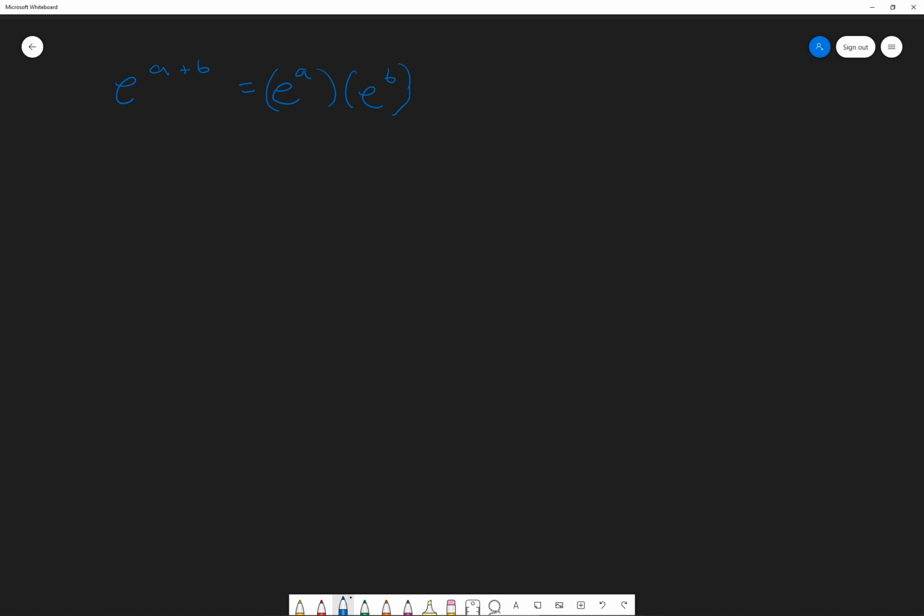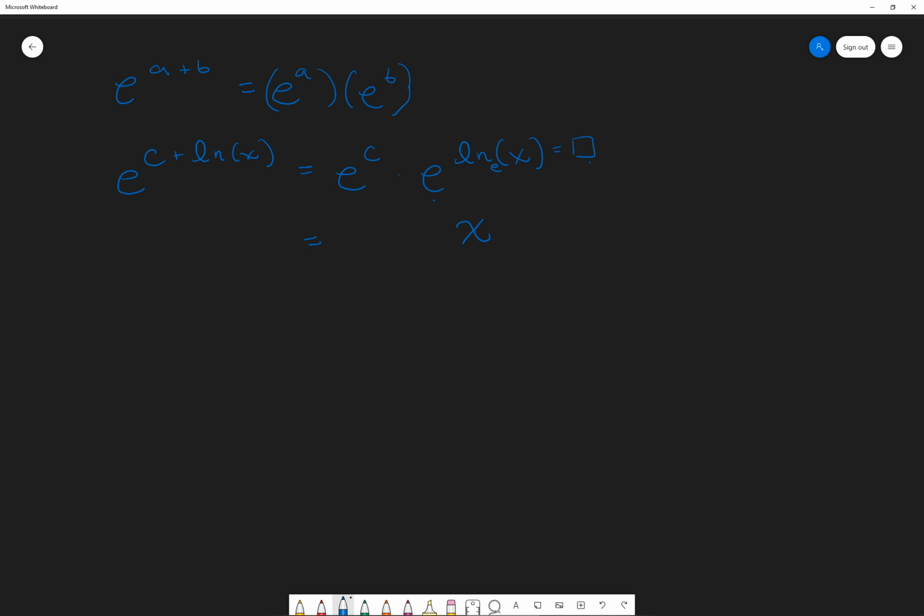So what if a was some constant, and you're going to see this a lot, e to some constant plus ln of x. That's equivalent, using the same rule, to e to some constant times e to the ln of x. And we already know this one: e to the box is x, so this one is x.